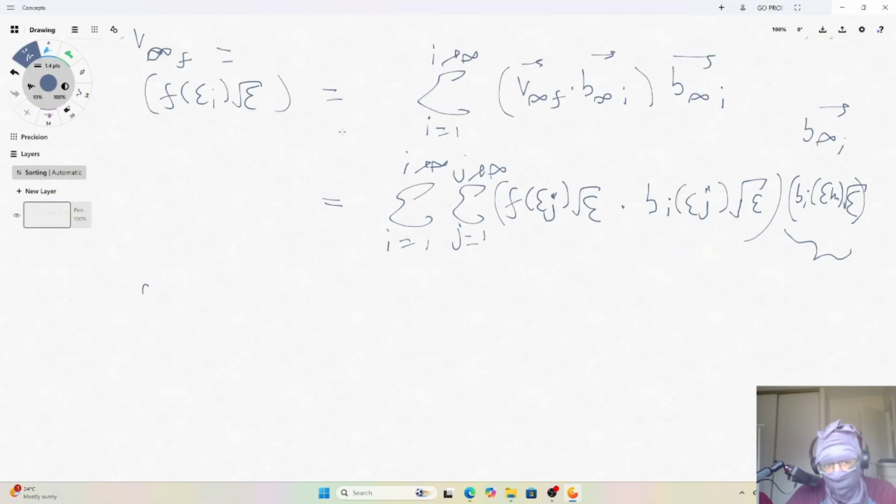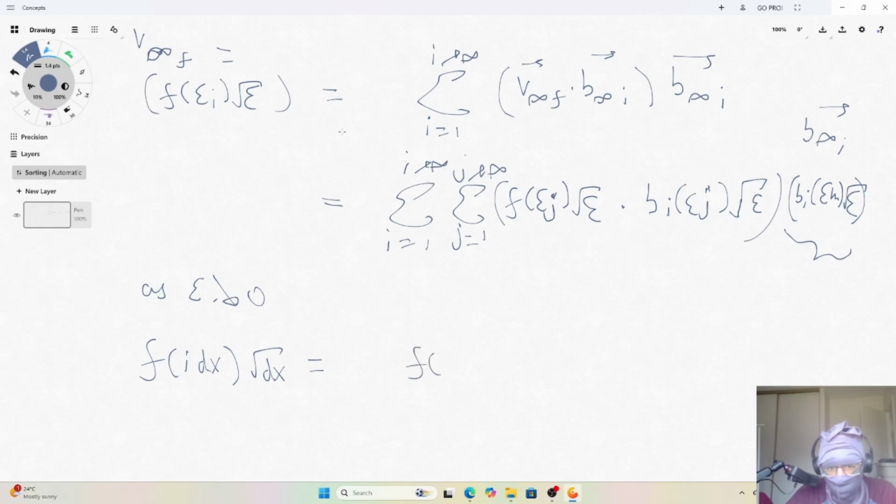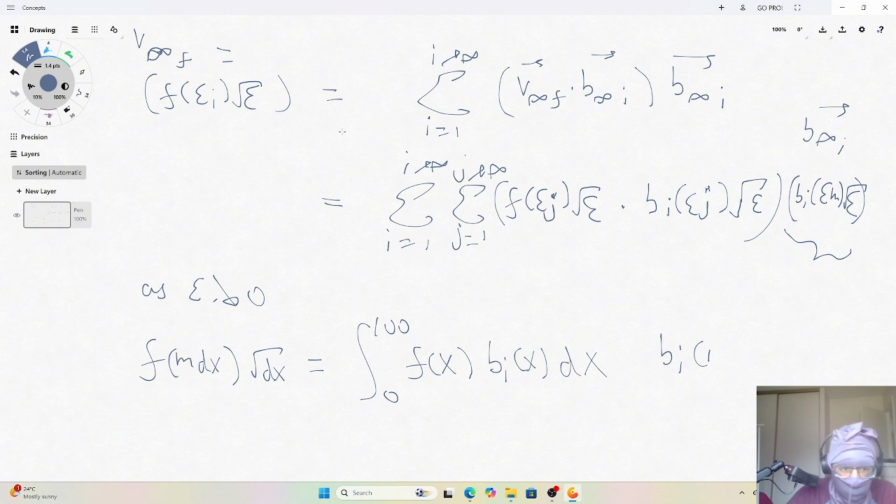As epsilon tends to 0, this equation will be given by, let's say, the integral with dx.